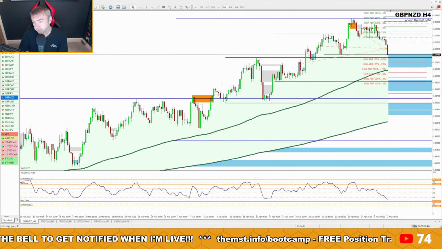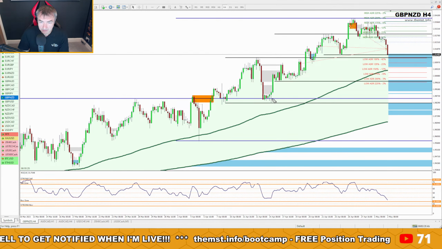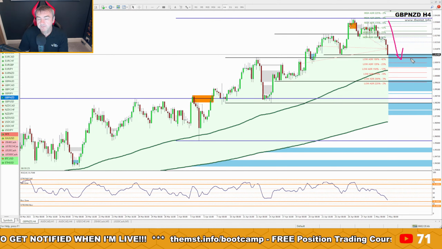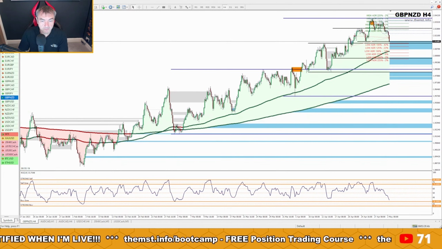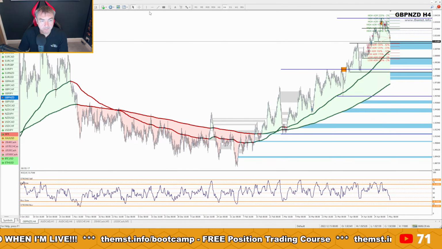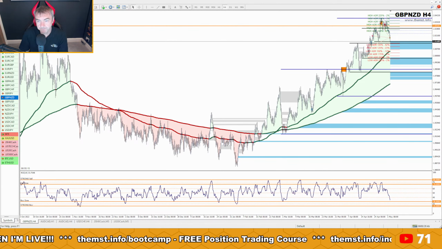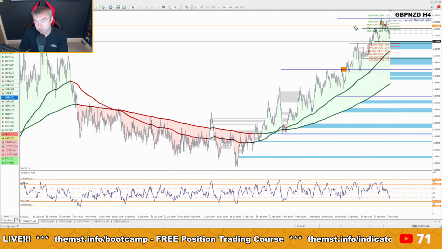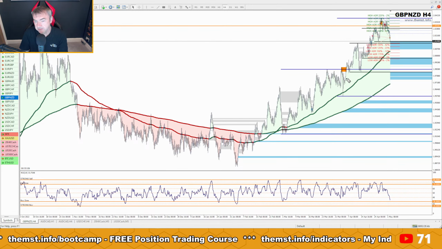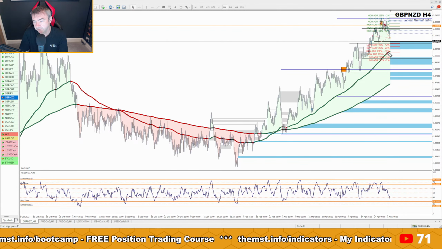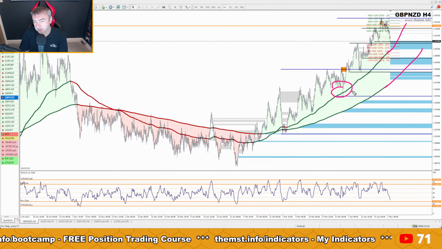Yep, potentially. So obviously, the New Zealand dollar is pushing off the back of the Australian dollar news. This is a lovely, lovely trending pair at the moment. We've got this high here, which has just been taken out, so it's pulling back down now. If we're going to carry on trending upwards, we're looking for a 24.72 bounce. Yeah.